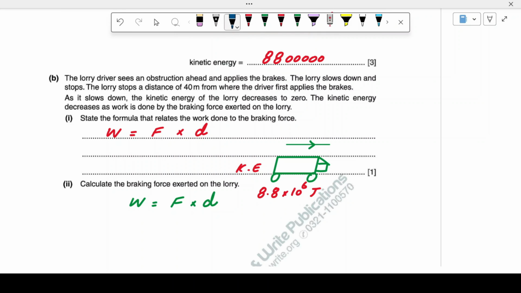Question is, if we want this vehicle to stop, how much work has to be done by the braking force? How much work? How many joules?